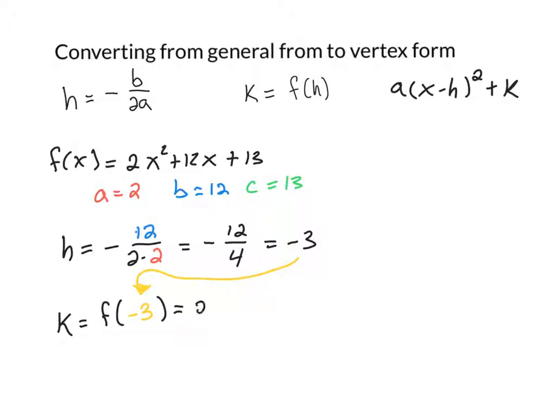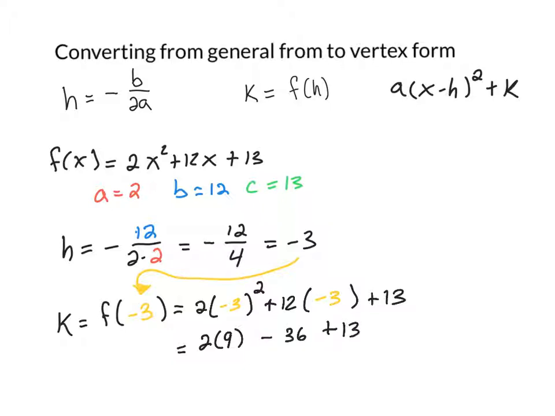I get 2 times x squared, where x in this case is negative 3, plus 12 times x, which is negative 3, plus 13. Negative 3 squared is 9, so this is 2 times 9, minus 12 times 3, which is 36, plus 13.